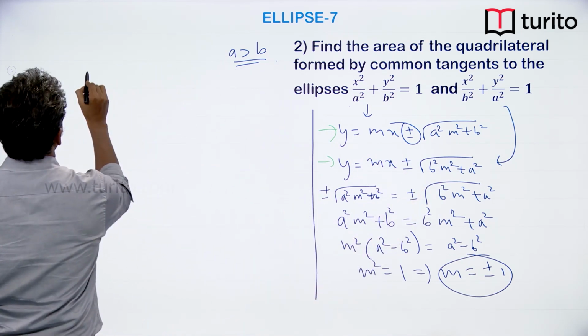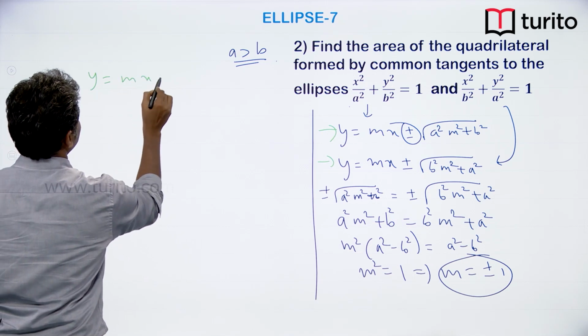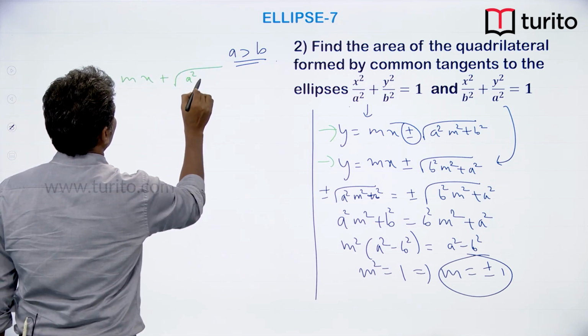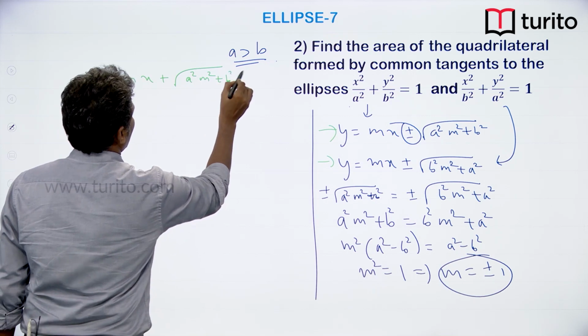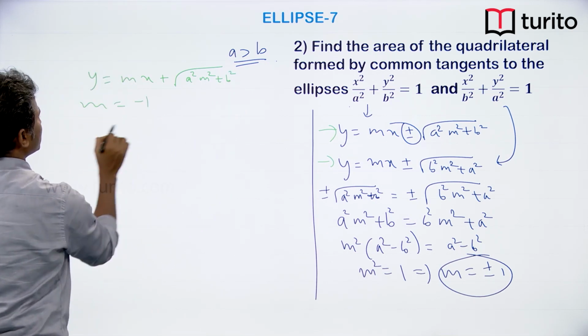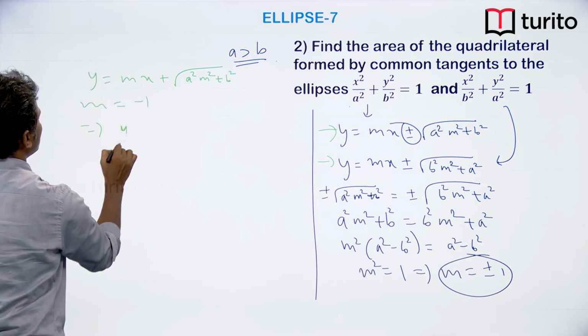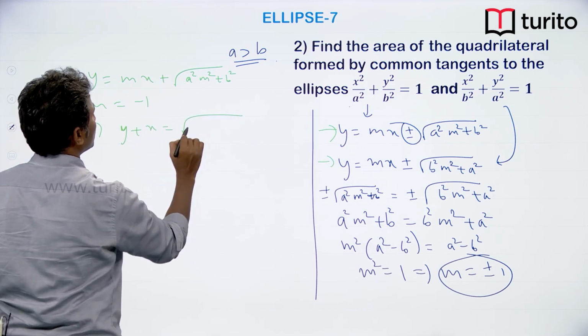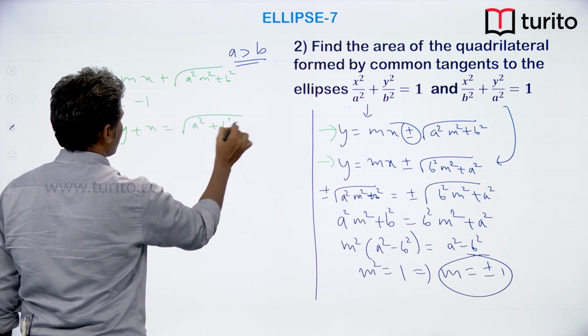So let us say I am taking this plus sign, and if I put m equal to minus 1, what am I getting here? y plus x equal to root of a square plus b square.